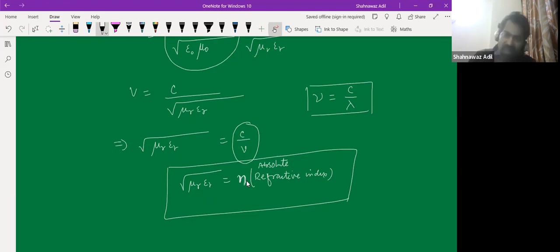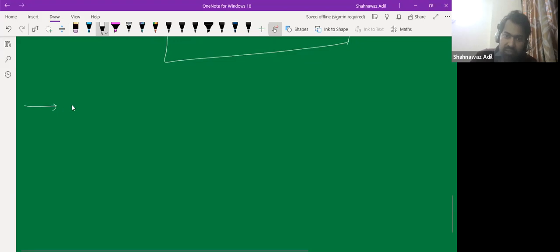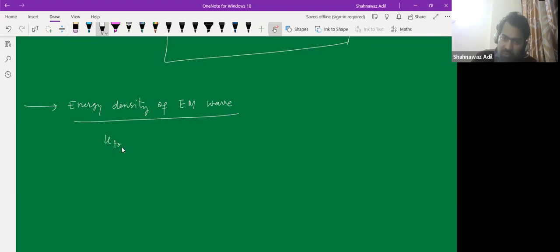Right. And then we also have the energy density of the electromagnetic field, and this is U total. This is half epsilon naught E naught squared, right?